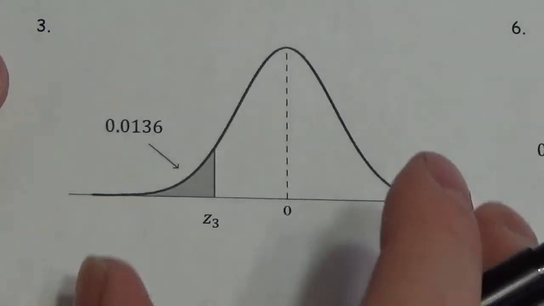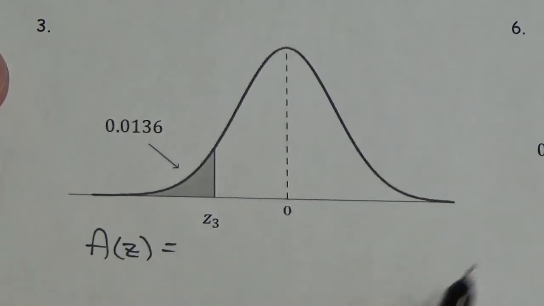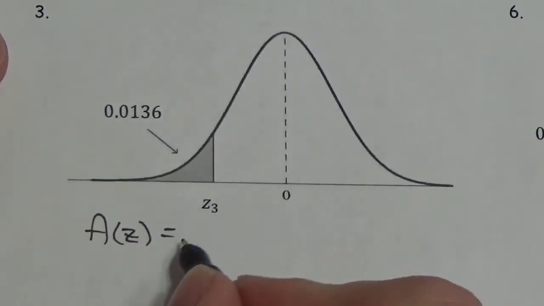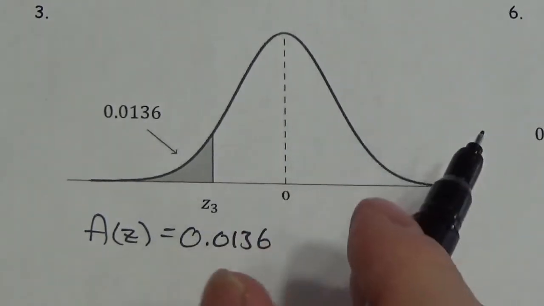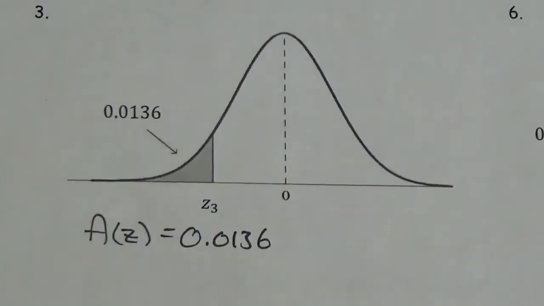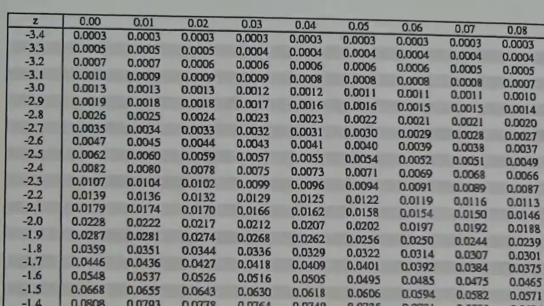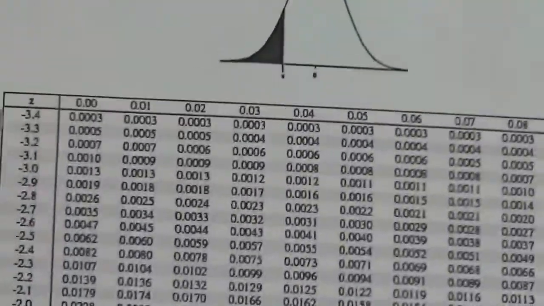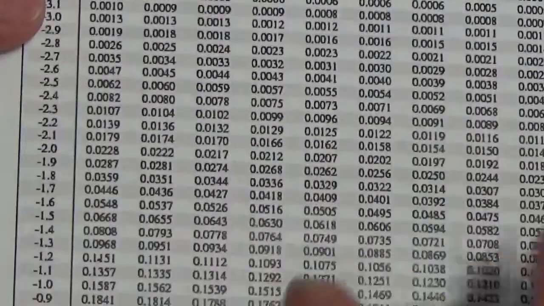Down here, this is pretty straightforward because the area that I'm giving you is clearly to the left, so 0.0136. The only difference here is that because this area is less than a half, on my chart, I'm going to be looking at the left-hand side. It's 0.0136. 0.01, so now I'm going to look at this here.